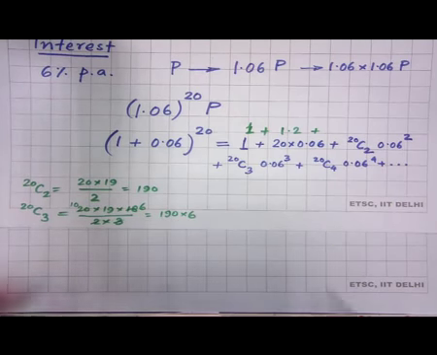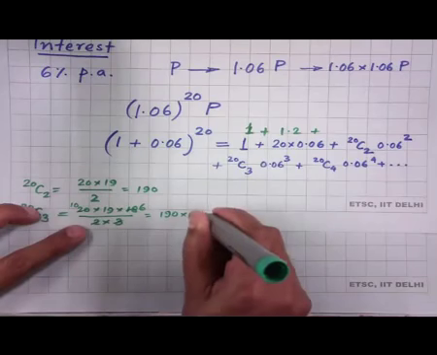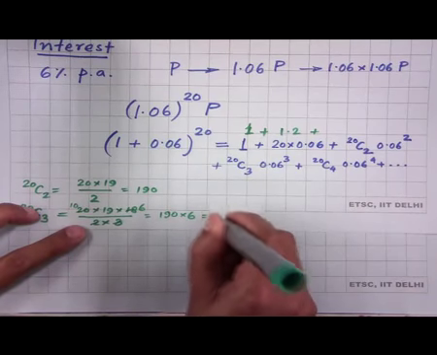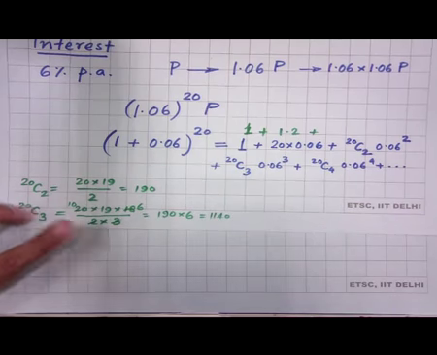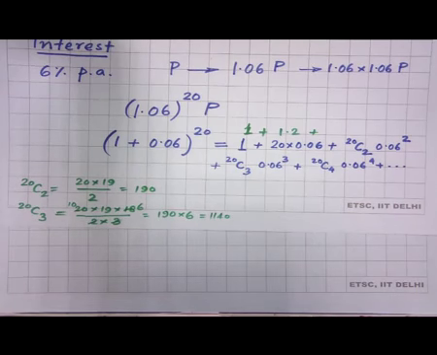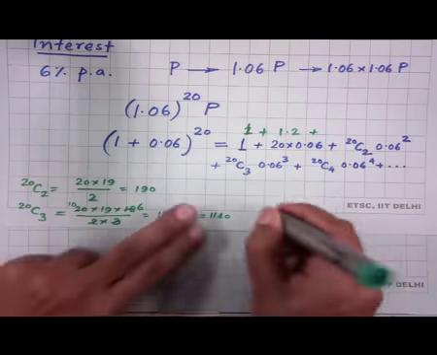What is that? 1140, is it? Okay. Let us just keep this on the side, and let us also keep 20C4 on the side.